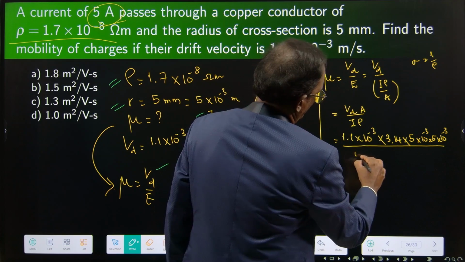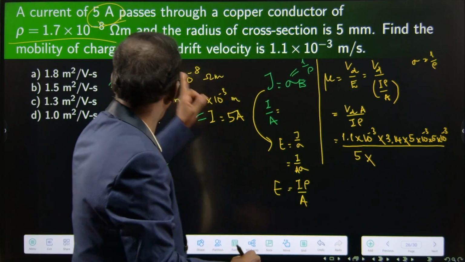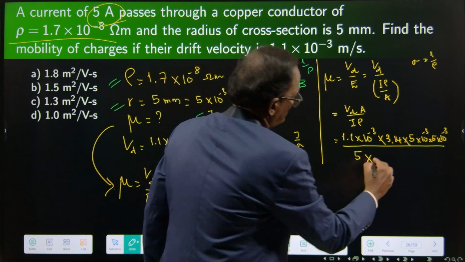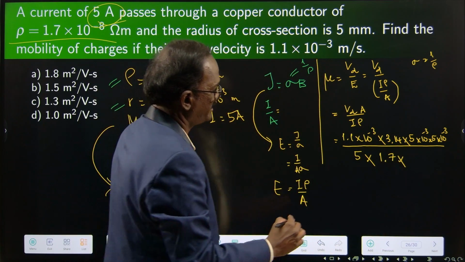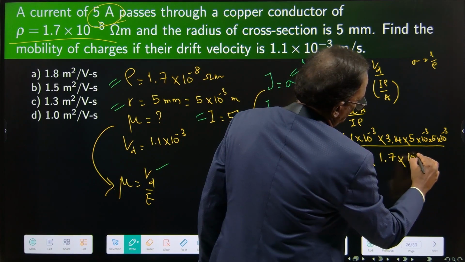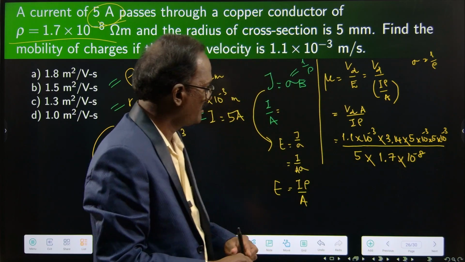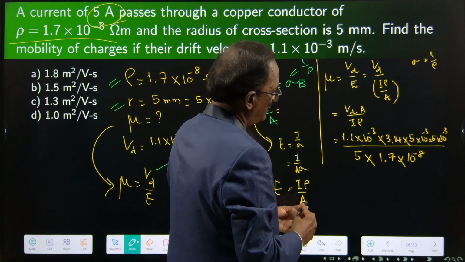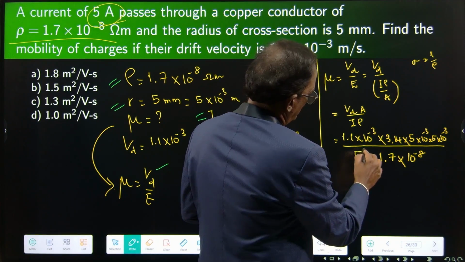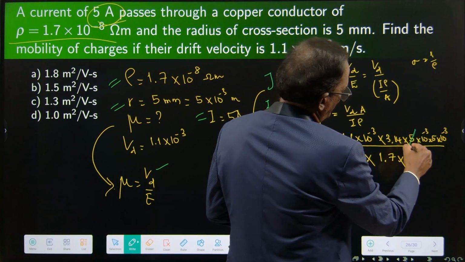I is equal to 5, rho is equal to 1.7 into 10 to the power of minus 8. So this has to be simplified. I is 5 ampere, this 5 will be cancelled.